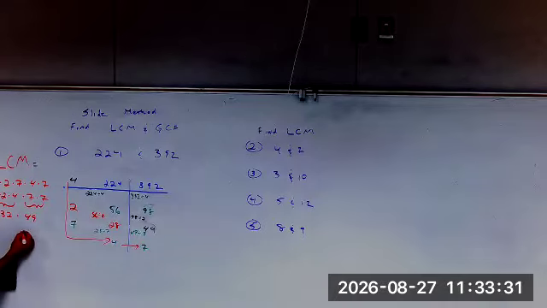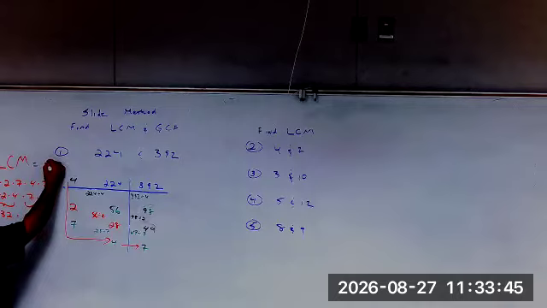Say it again. 1,560. 68. I was going to go 1,600 and then take away that sum. So there's the least common multiple.